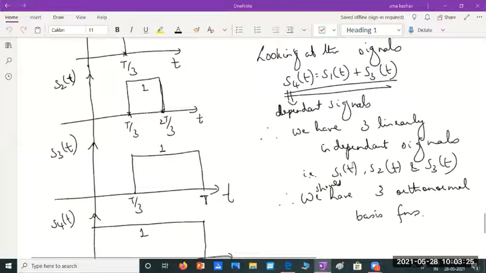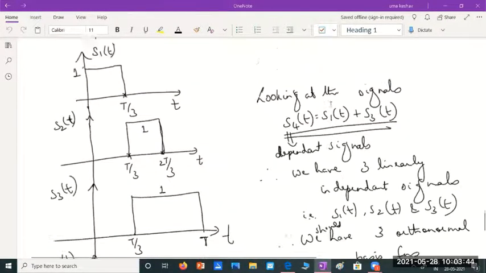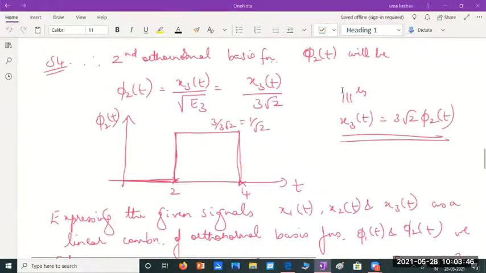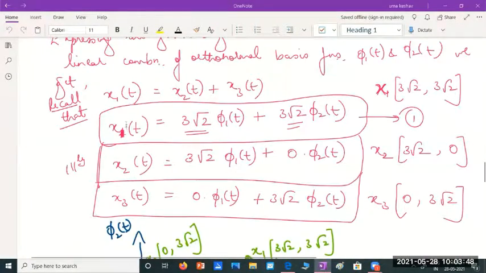Even in the previous problem, I was telling you this. You first have to check the dependency of one signal over the other. If one is dependent and the others are independent, then accordingly you will have fewer orthonormal basis functions. In the previous case, we had 3 signals, X1, X2, X3. In that, X1 was dependent on X2 and X3, so the other 2, X2 and X3, were linearly independent.